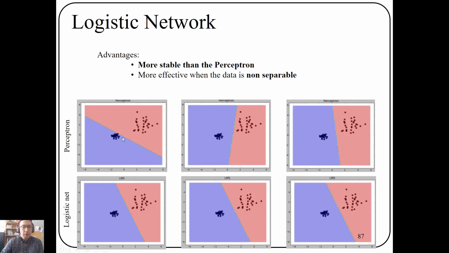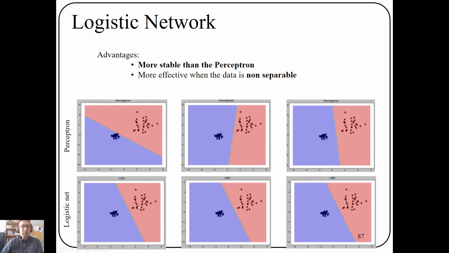Here we have 3 different solutions that I obtained with the perceptron with different initialization methods. As you can see, these 3 solutions are all different, but according to the perceptron, they're all perfect. Whereas with logistic regression, it almost always converges to this solution here, which is very well positioned between the distribution of the blue points and the distribution of the red points.